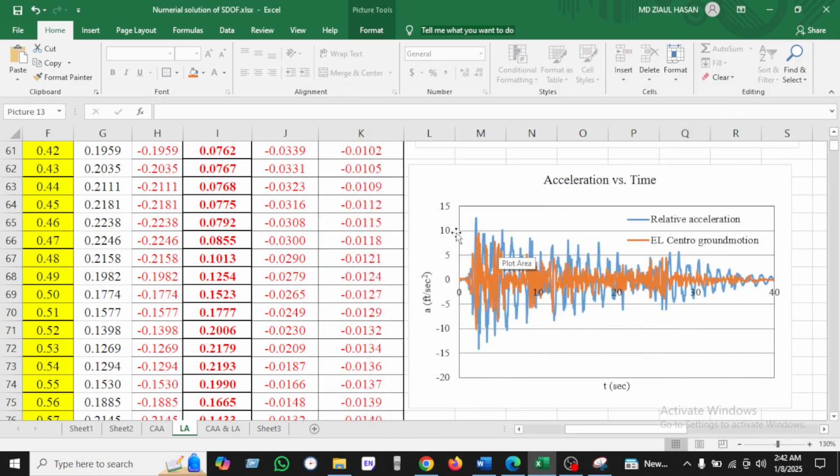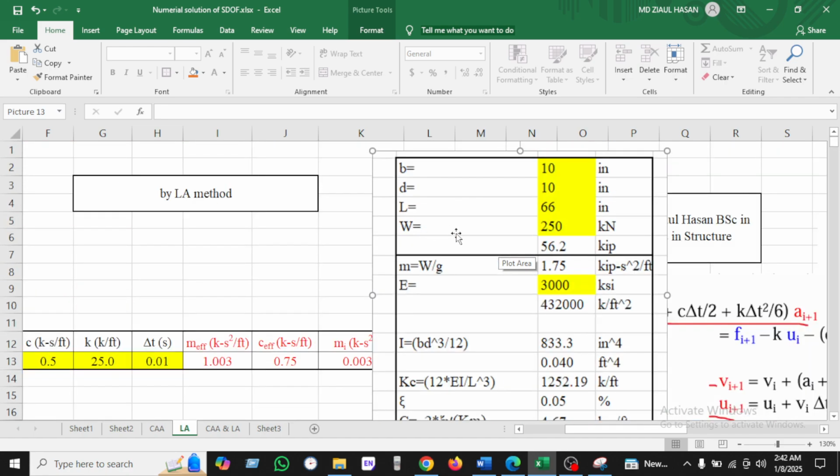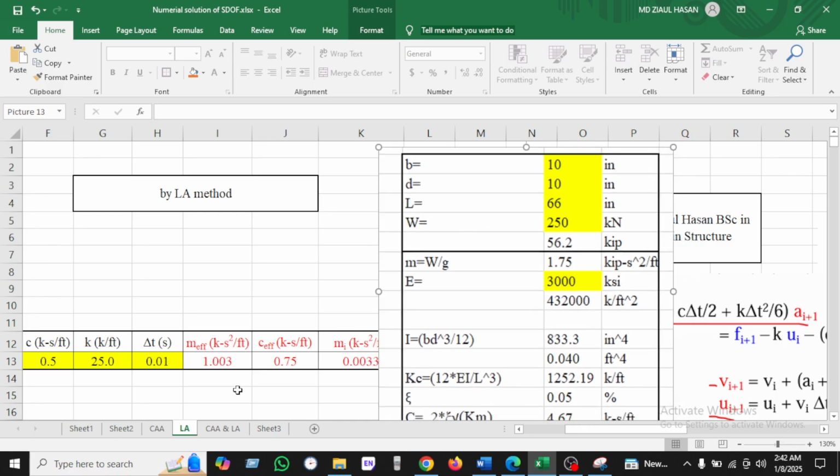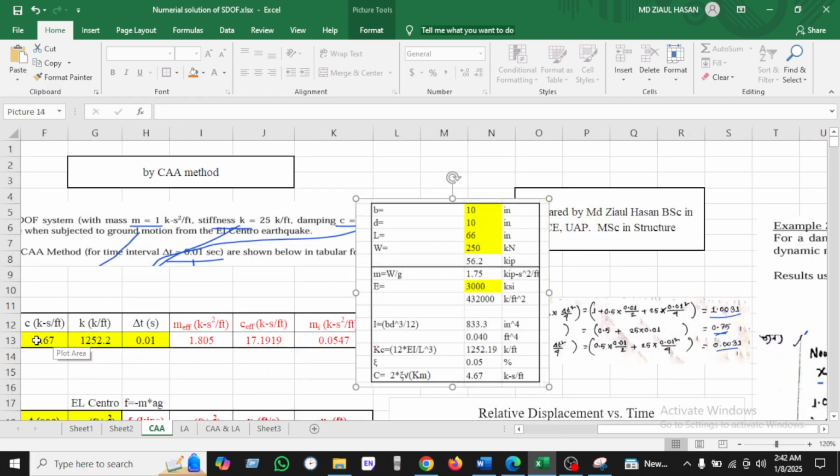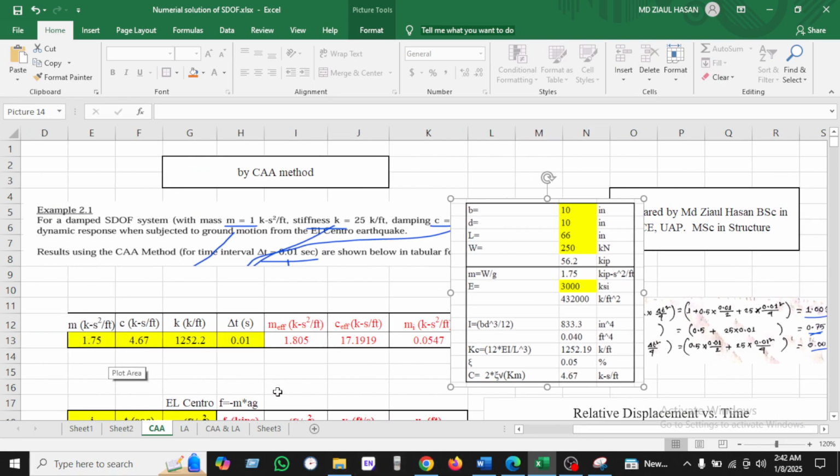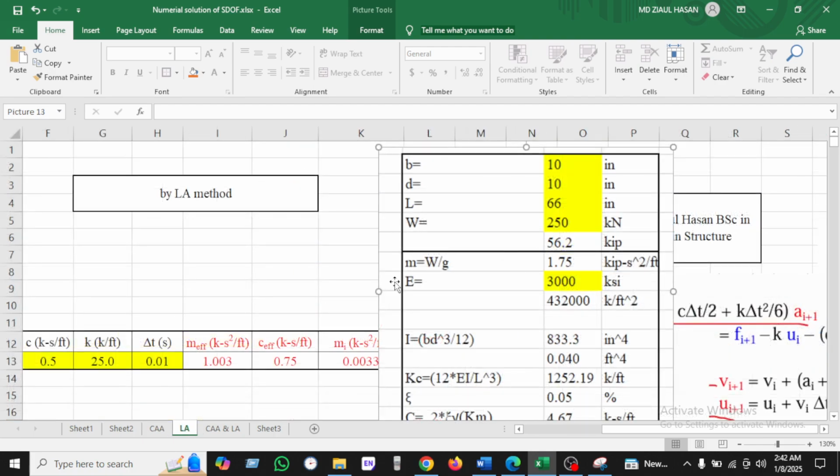We are seeing here at first the acceleration, the L-center acceleration is 10 feet, and the relative displacement found is 12. But if we input these parameters, then all the other parameters will be changed, I think. So I'm just putting this value.